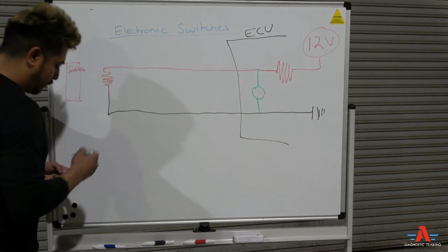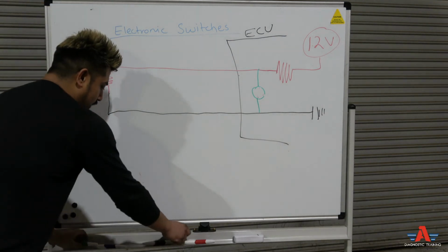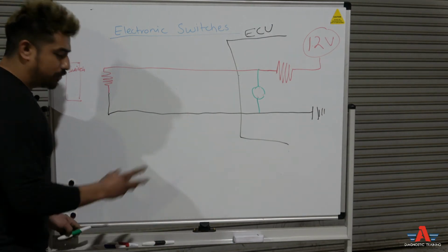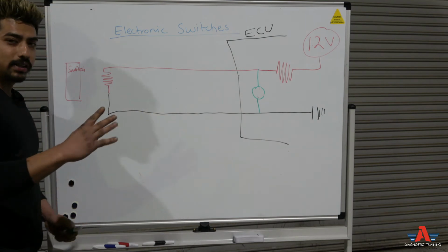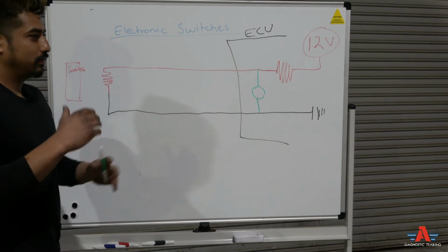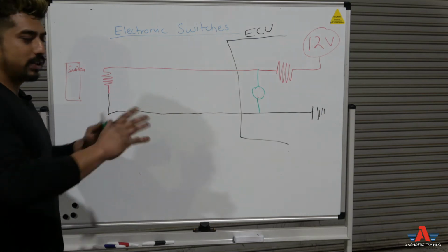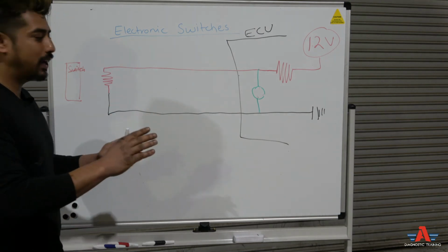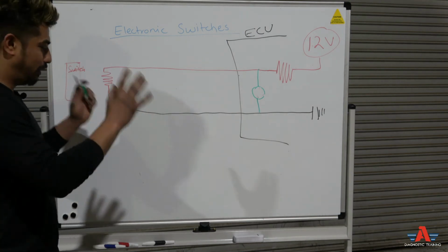Now, this is our switch. In this case, we had 3 switches. It doesn't matter. This can work with 5 switches, 2 switches. It doesn't matter how many positions there are on the switch, they will all work the same.